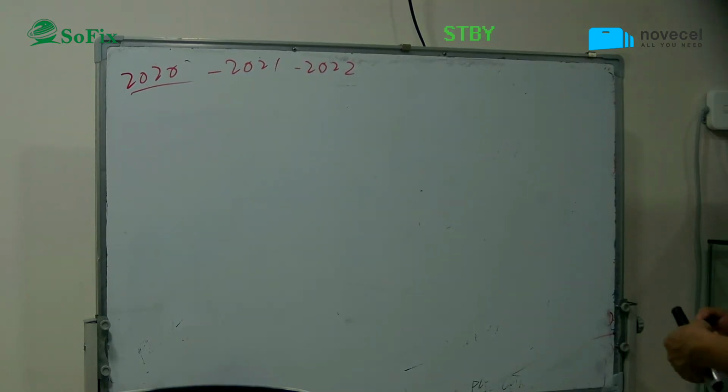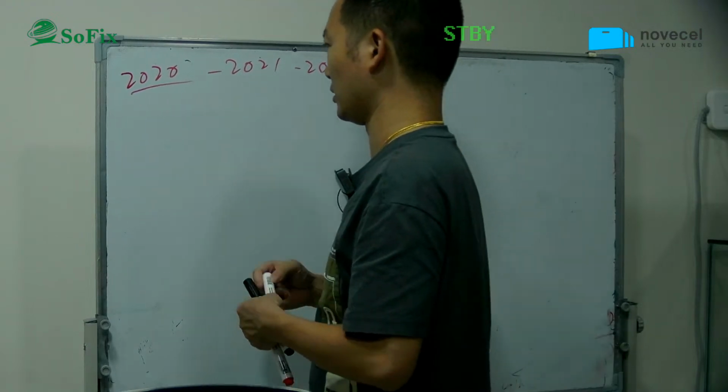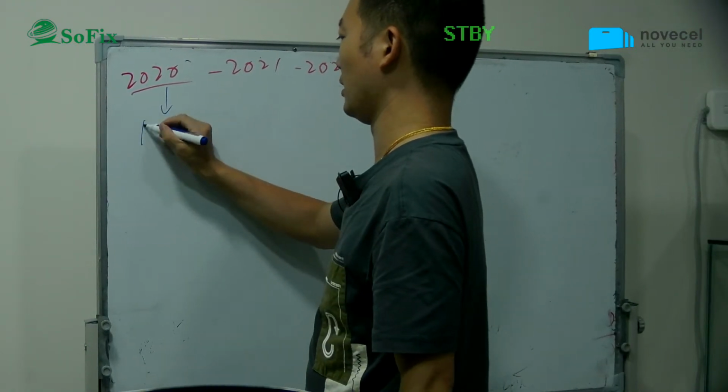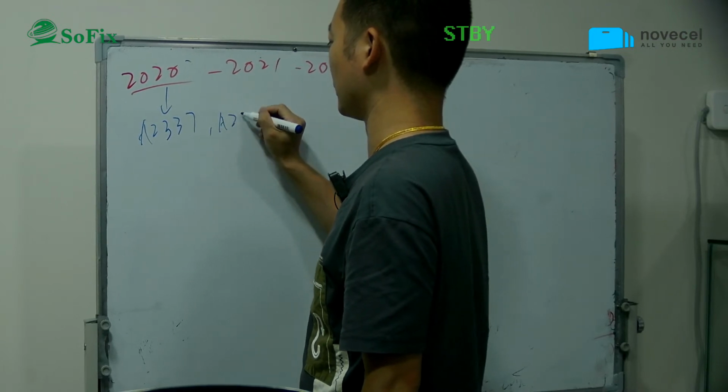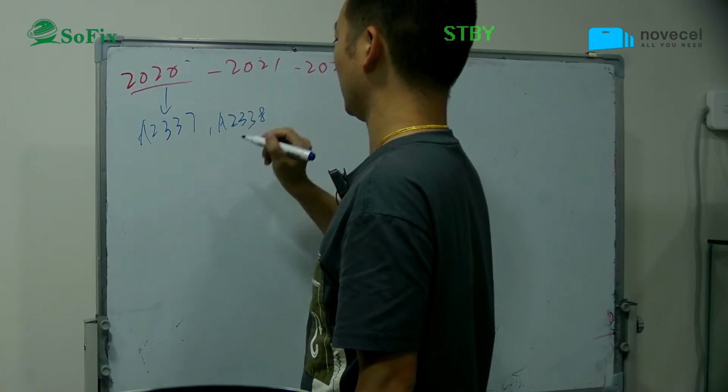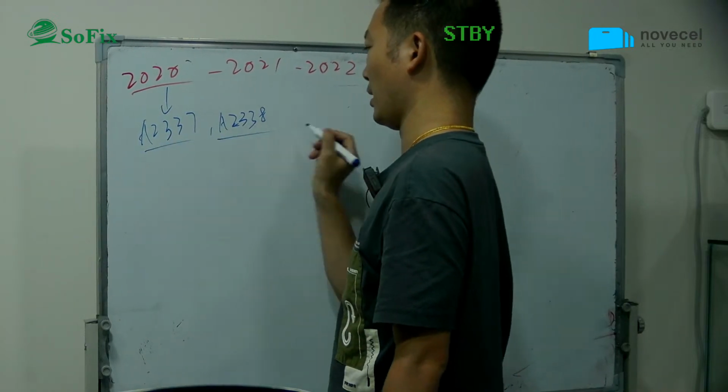The M1 model this year has the A2337 or A2338, MacBook Pro or MacBook Air.